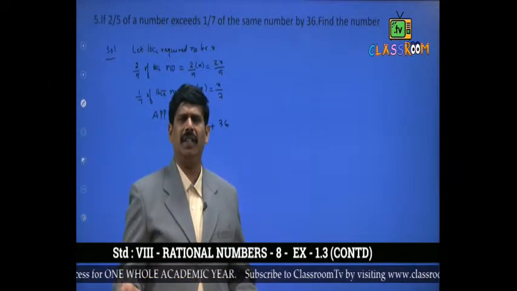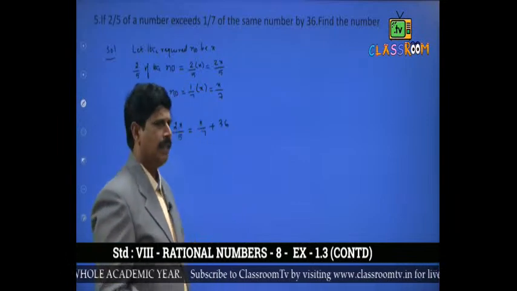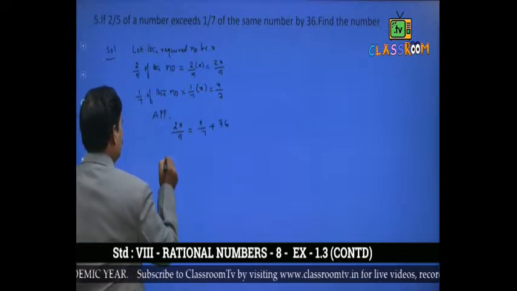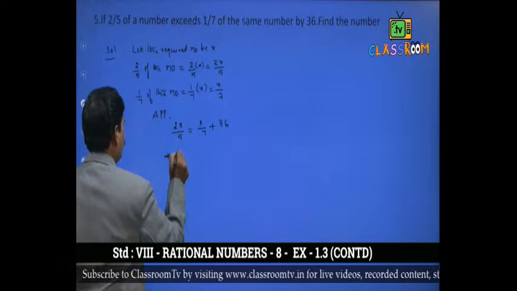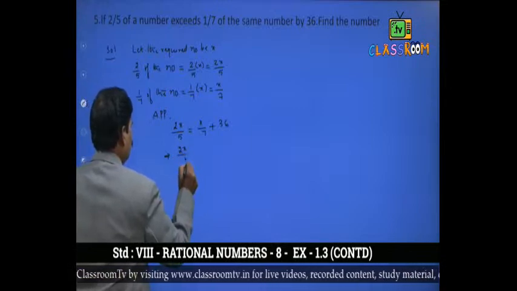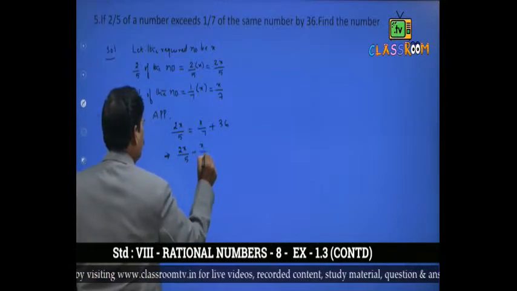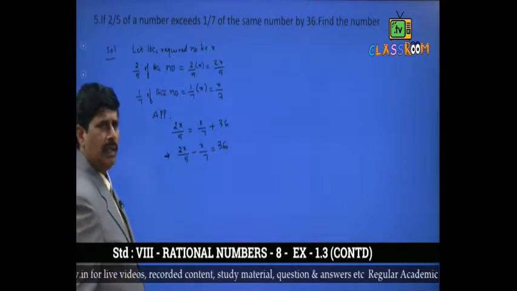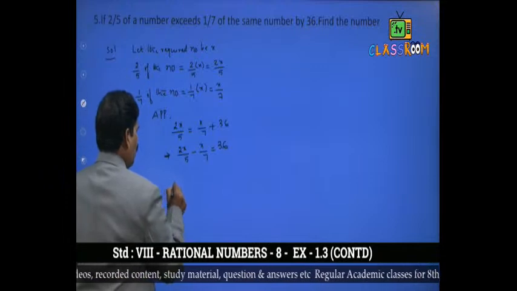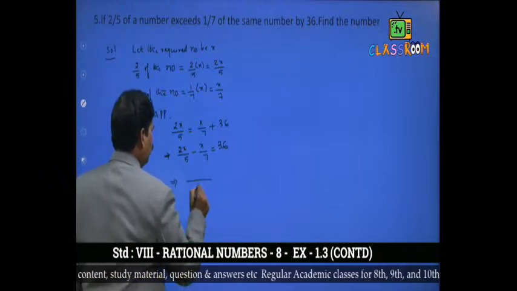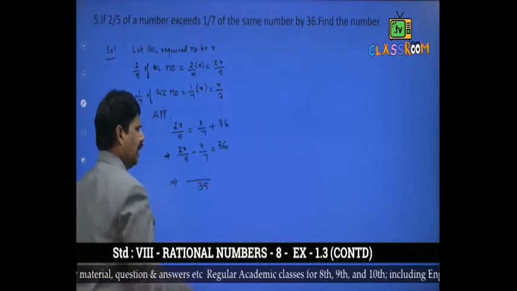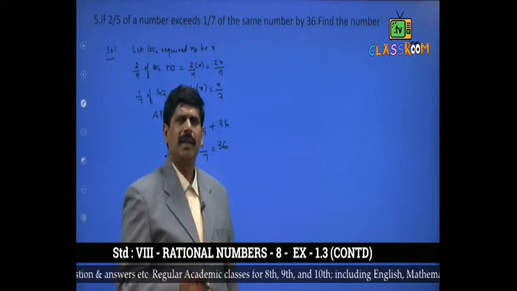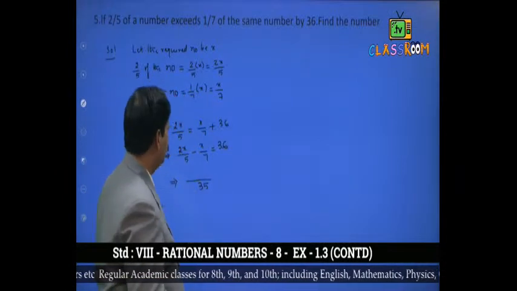Now after that it is just general simplification. So now get that x by 7 this side. 2x by 5 minus x by 7 is equal to 36. Now the LCM of 5 and 7, both are prime numbers. You just multiply them to get the LCM. 5 7s are 35.